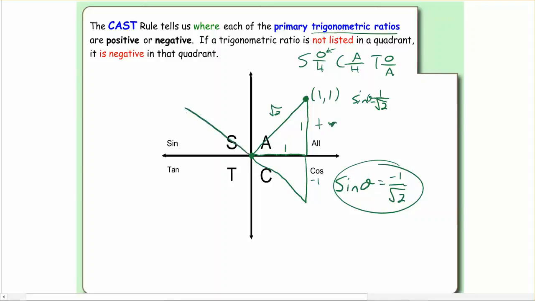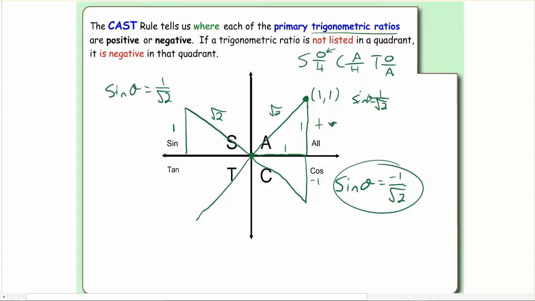It would also be positive over here, because I'm going to have 1 coming up, so this would be positive 1, and this will still be root 2. So sine theta is again 1 over square root 2, which is positive.